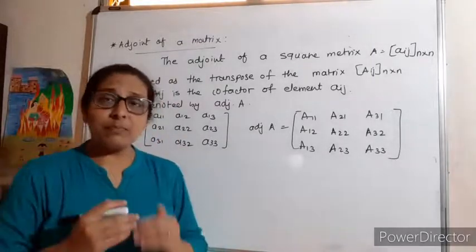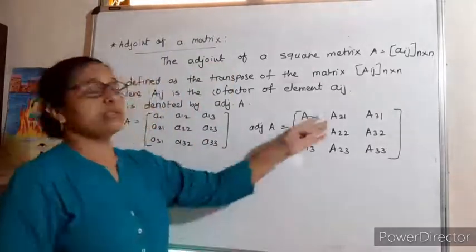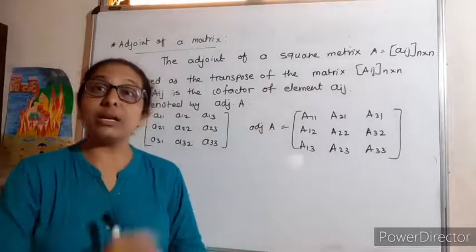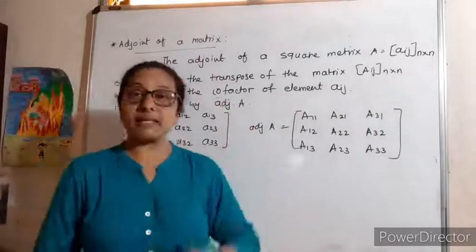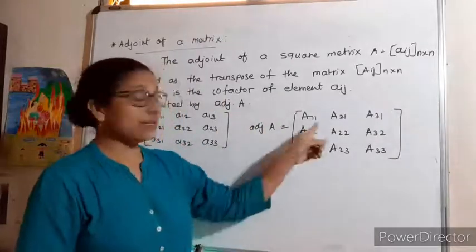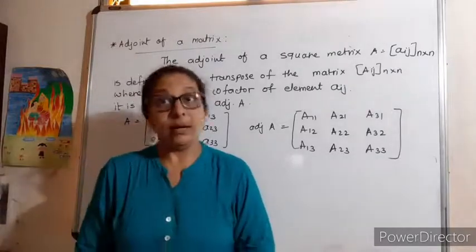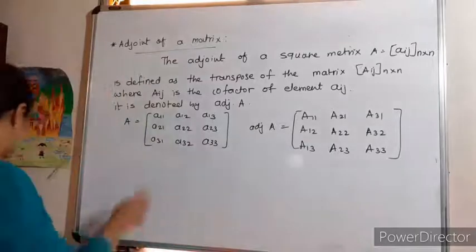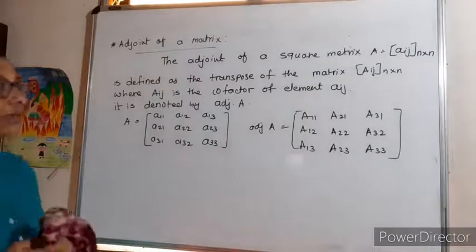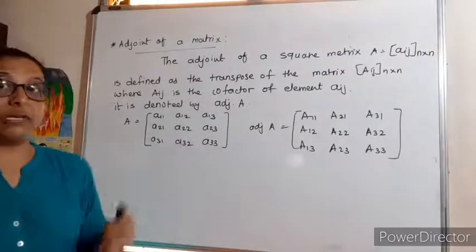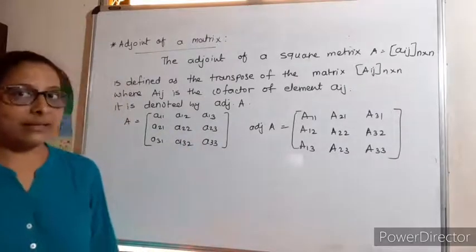You might think that first all the minors, then the cofactors and then the transpose. So hard, too boring, too long. No. We directly find the cofactor and then write it in the matrix and the transpose together. Now let us see how to write it. Make a note of that definition, right? Definition is never asked in the exam, so do not worry, you do not have to learn it.